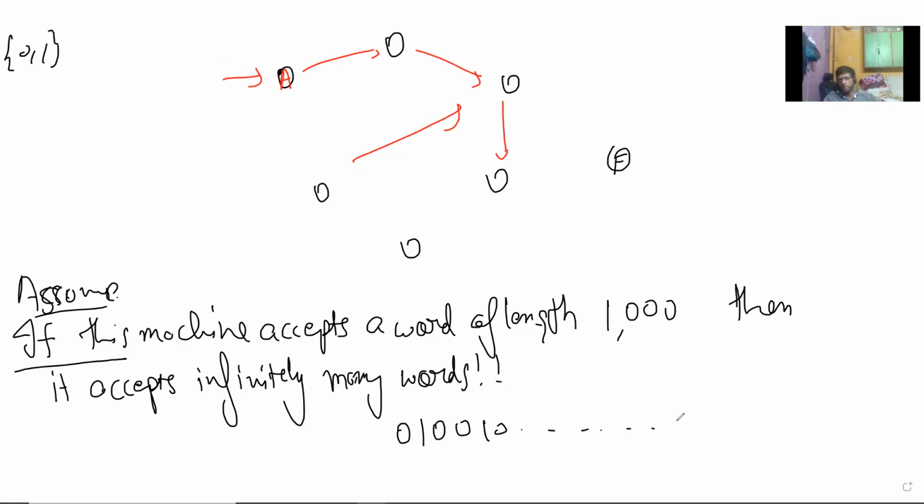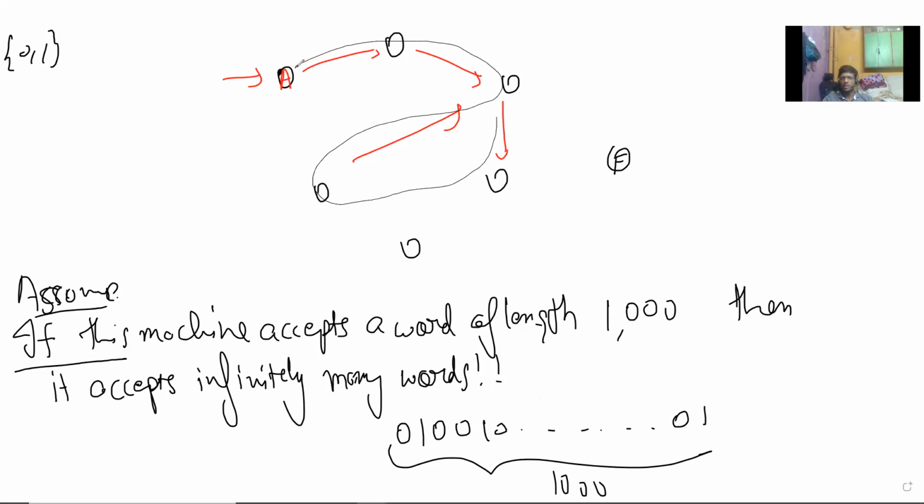Some big word of length 1,000. Now just imagine this word entered and it traveled inside, and then it finally went. So don't you agree that it would have gone into some sort of a cycle at some point?